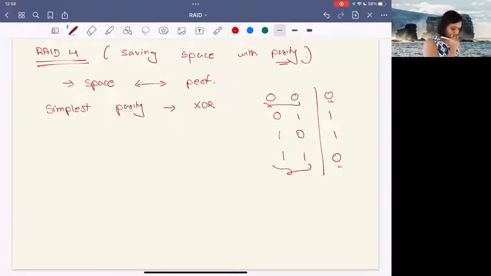Now how do we use this logic of XOR, the logic of parity, to design RAID 4? In RAID 4, let's say we have 5 disks, or let's just stick with our example of 4 disks. In that case, we would have 3 bits. If we want to divide things evenly, we would need an extra disk as well.